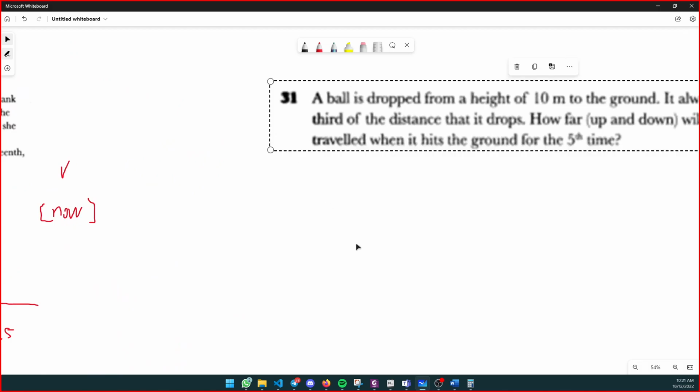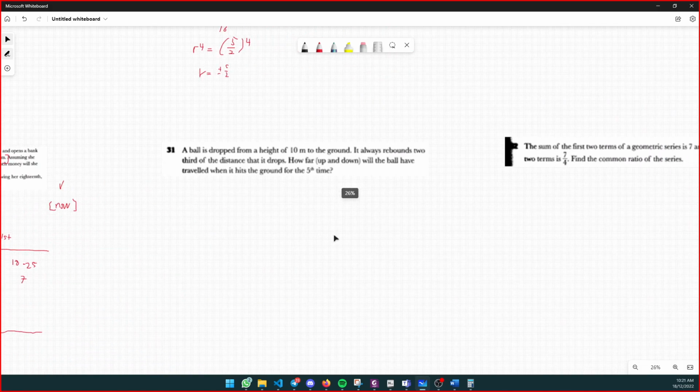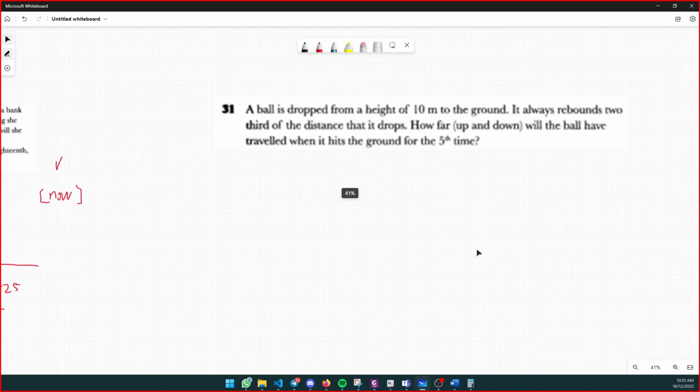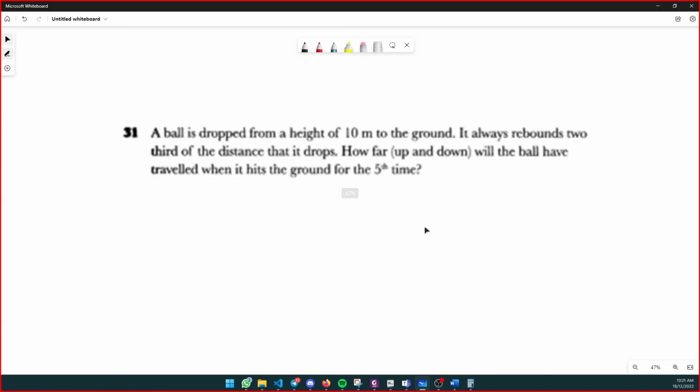Okay, question 31. Question 31 is actually quite straightforward. Sometimes it seems difficult, but it is actually quite straightforward. A ball is dropped from a height of 10 meters to the ground. It always rebounds two-thirds of the distance that it drops. So it's like physics already, right?